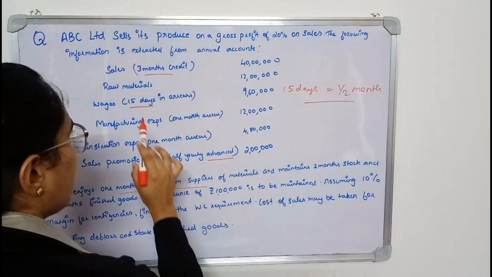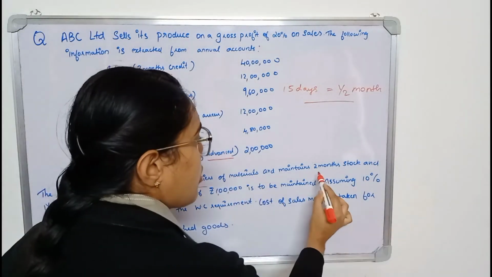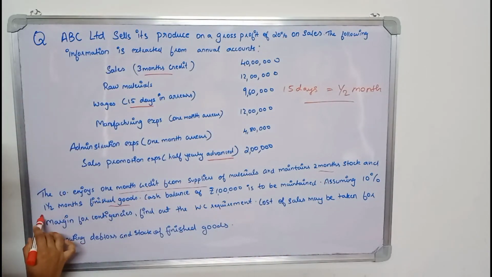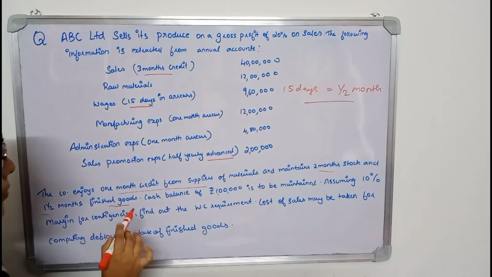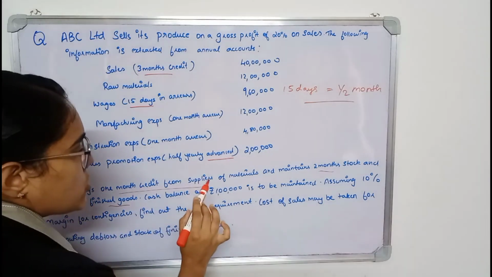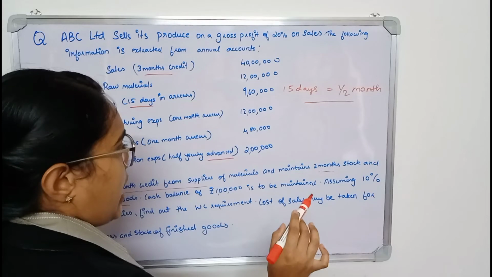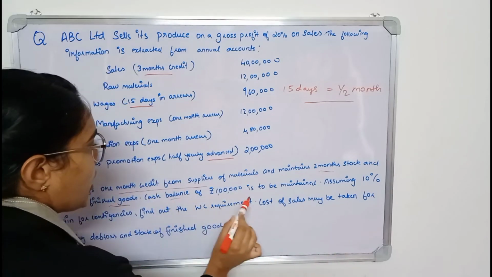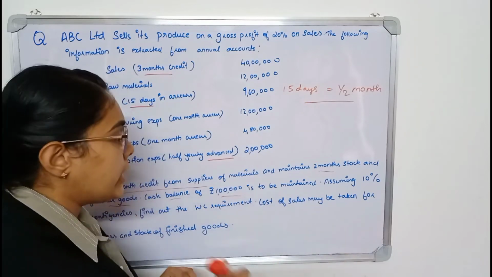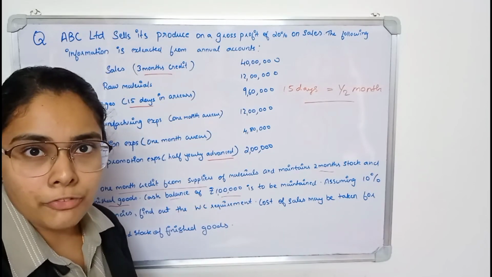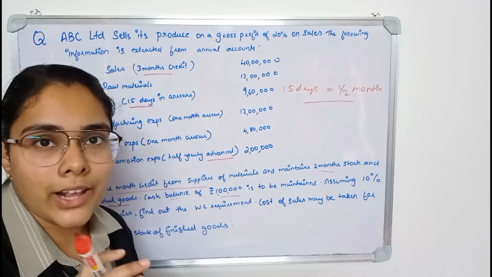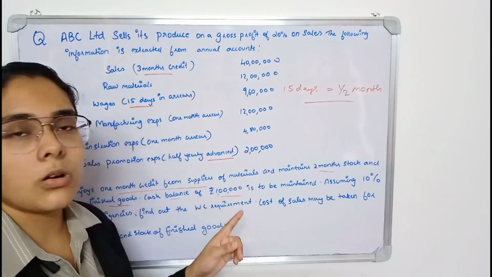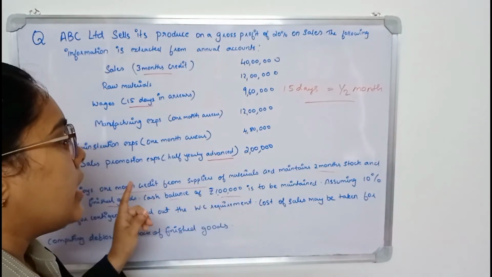So the raw material is kept in stock for 2 months and finished goods are kept in stock for 1.5 months. Then a cash balance of rupees 1 lakh is to be maintained. That should also be noted. Cash balance forms a part of current assets, so while computing working capital, this 1 lakh should also be taken into consideration.